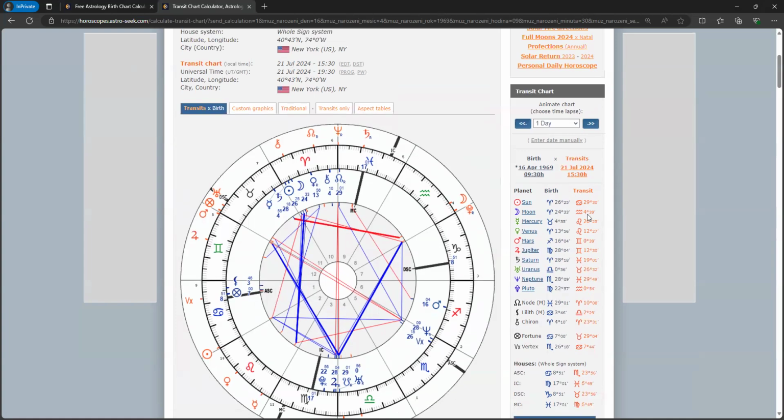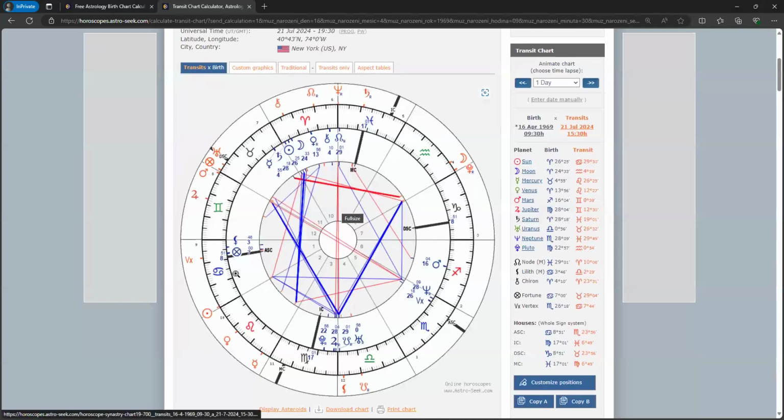The moon is currently in the sign of Aquarius at 4 degrees, etc. I know this looks crazy. Think about it: this inner wheel that has the zodiac signs, whatever is on the inside, that is blue, represents your birth planets. Whatever is on the outside, that is orange, represents the date of the transit.